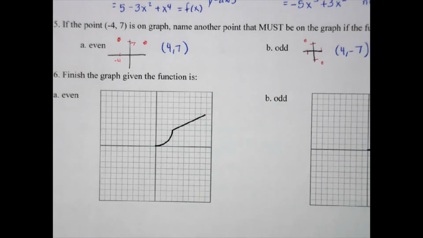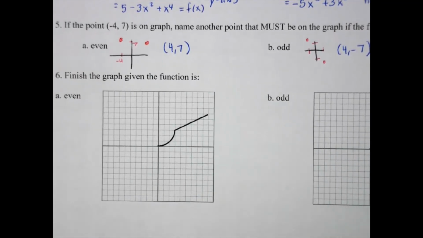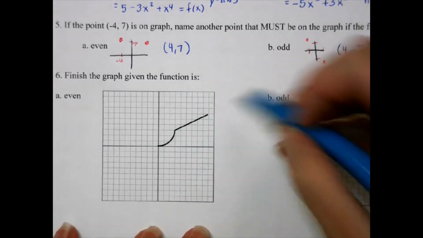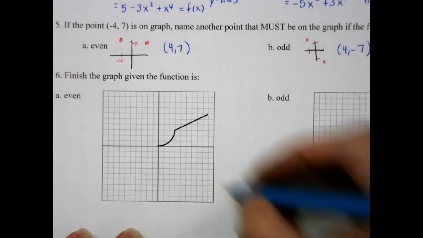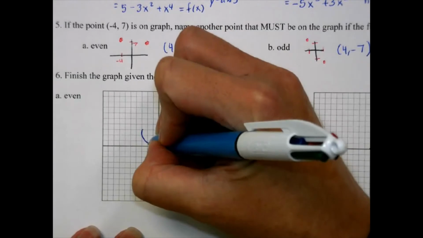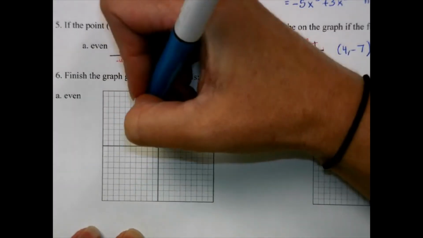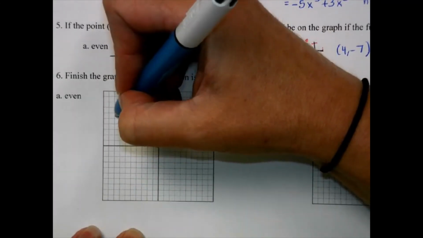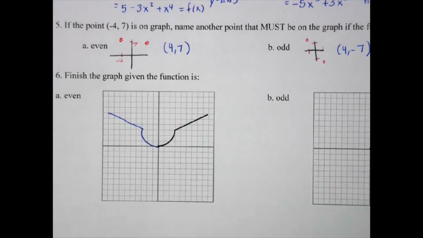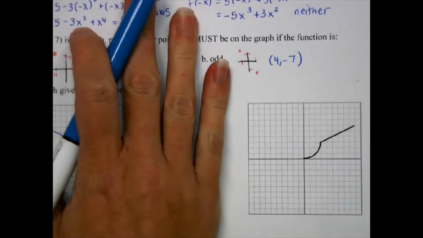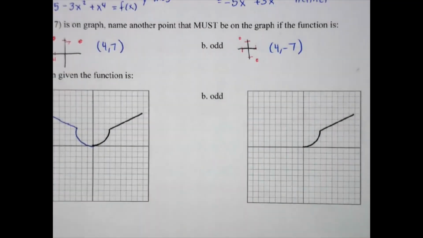For number 6, finish the graph. If the function is even, which means it's going to be symmetric to the y-axis, so I'm just going to reflect this over. If it is odd, it's going to be symmetric to the origin.